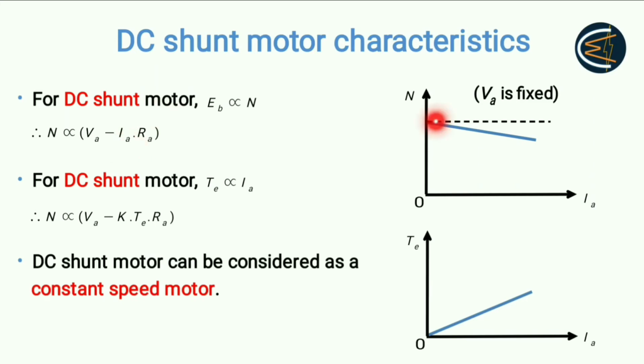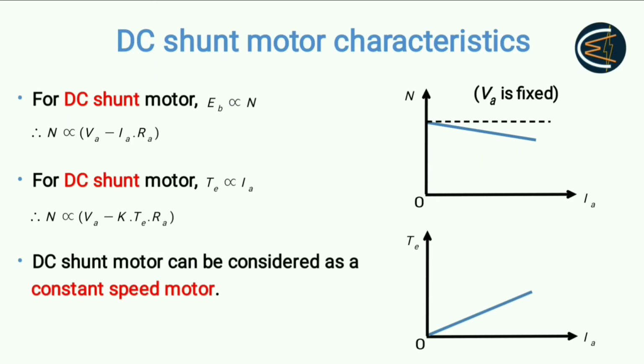That is why the speed is almost constant. It can be considered a constant speed motor, but it is not true always, because if your load current is very high, then obviously this term will be very high, and automatically the slope will be very high. If the slope is very high, then you cannot say it is a constant speed motor. But if the current is very less, then up to some extent we can approximate it with a constant speed.